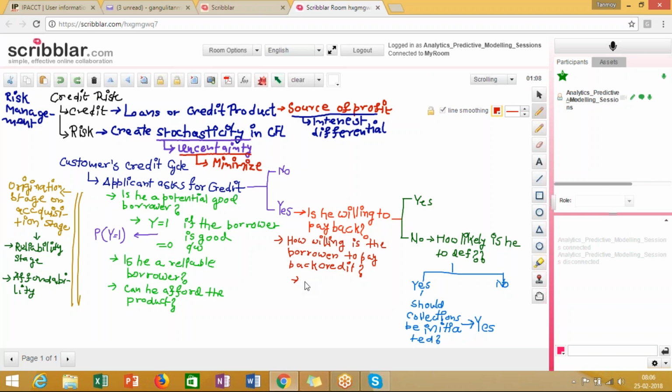On the other hand, if his willingness to pay back the loan is very high, I know that his chances to default are actually very low. So how does this happen? This is something that we need to understand.